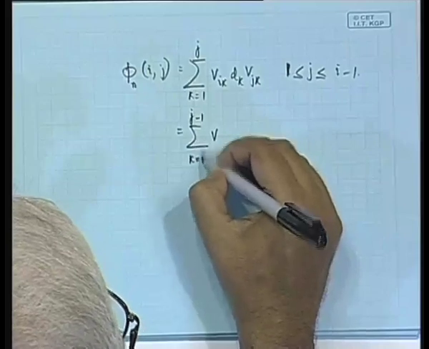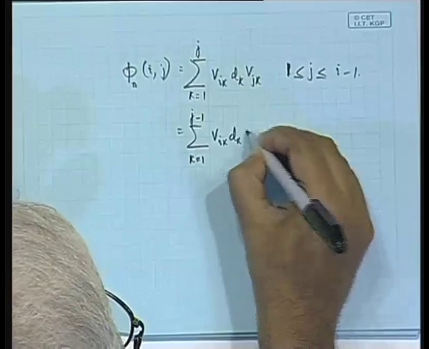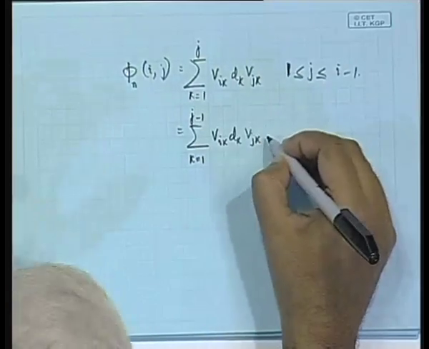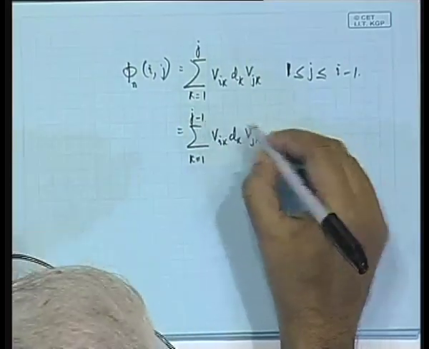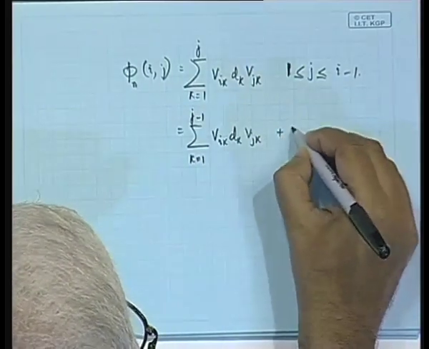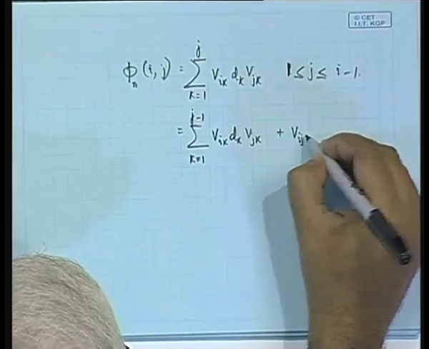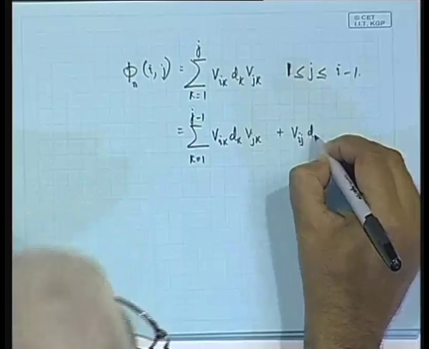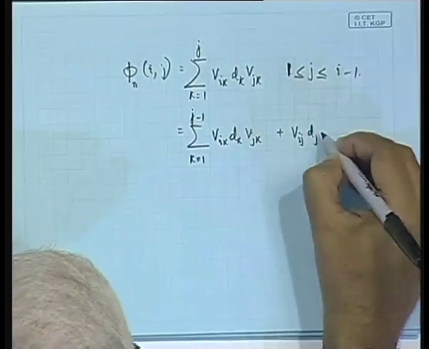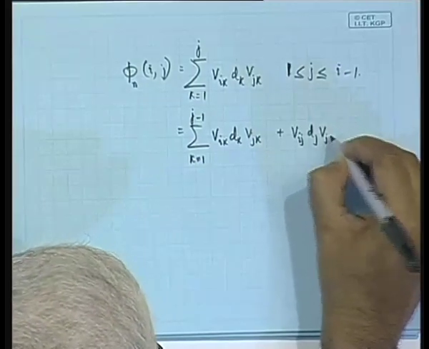Then we write the summation k is equal to 1 to j minus 1 of V(i,k) d(k) V(j,k) as usual, plus the jth term. For k equal to j, we have V(i,j), then D(j), and then V(j,j).